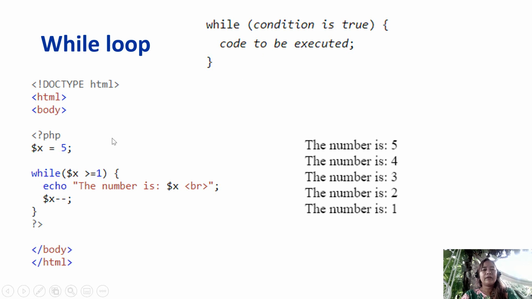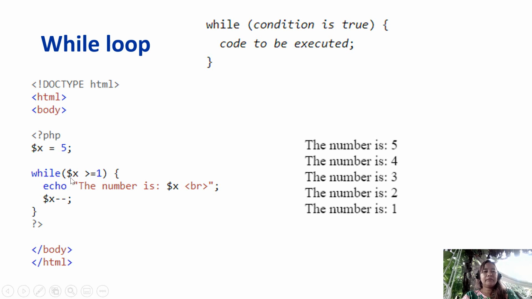As you can see here, you have a variable x with an initial value of 5. One thing that you need to remember when creating loops is that it should not become an infinite loop. Infinite meaning regardless of how many times you perform the statements inside your while statement, there is no way that it will become false at a given point.